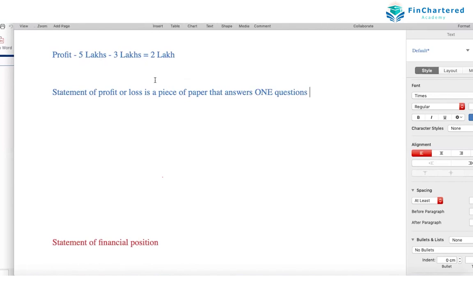What do you think the question is? What is the question that it is answering? The name itself is suggesting. It answers what is the profit or loss. What is the profit or loss?